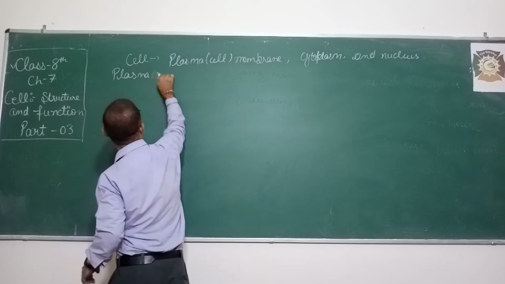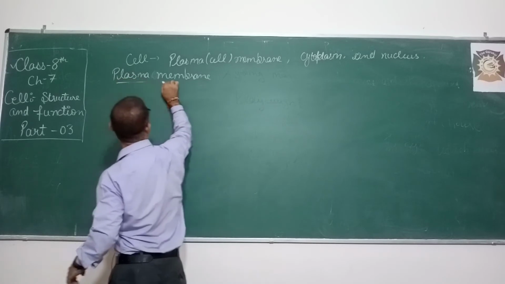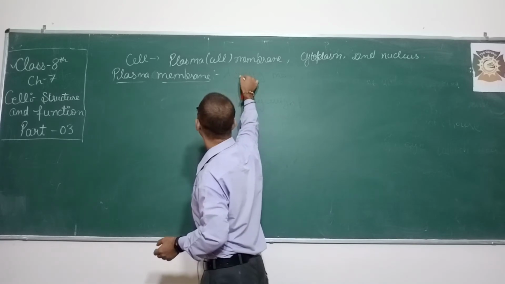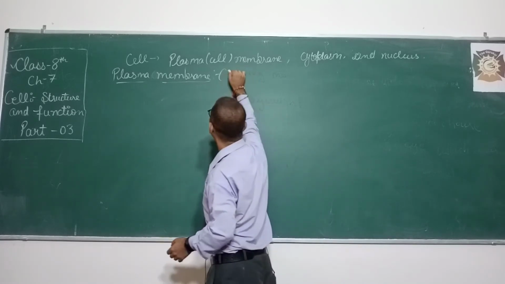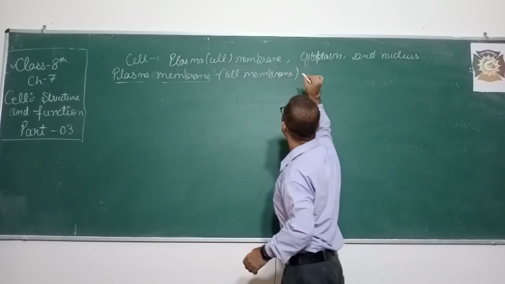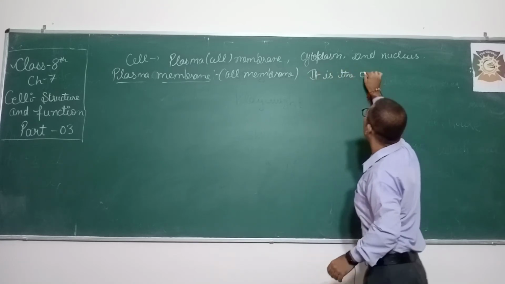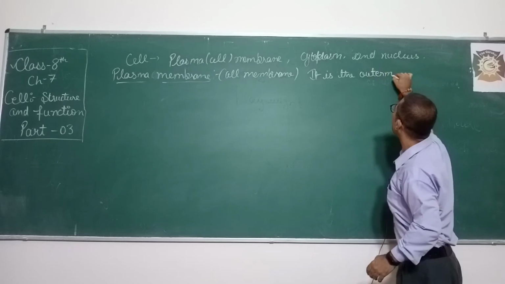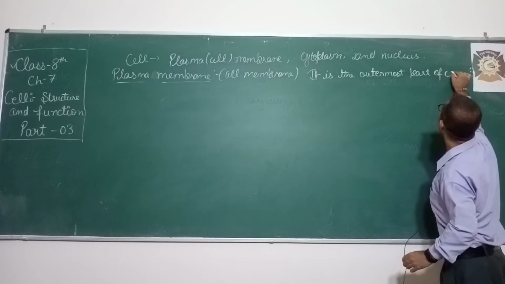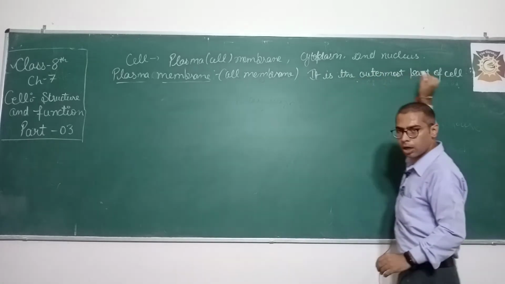Plasma membrane. Students, we are studying the very first part, plasma membrane. What is plasma membrane? Plasma membrane is also known as cell membrane. It is the outermost part of the cell.